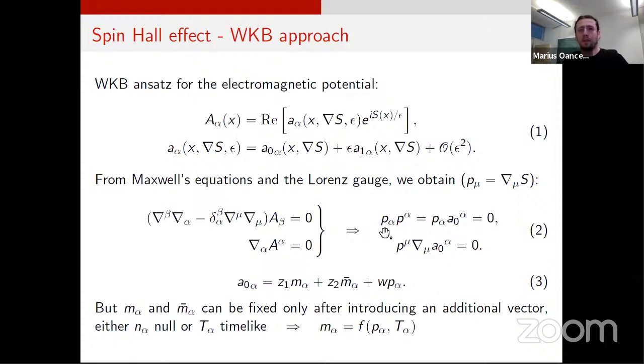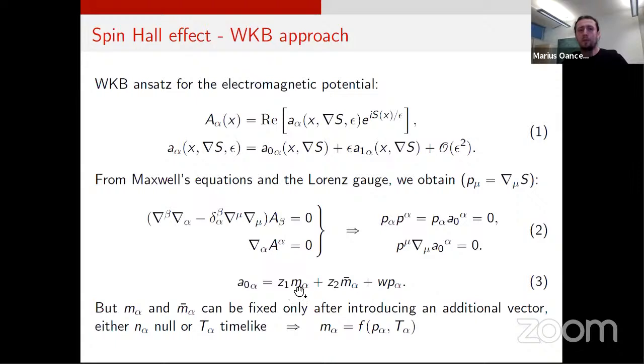So we obtain that the gradient of the phase represented here by P is null, and that P is orthogonal to the polarization vector A0, and also that the polarization vector A0 is parallelly propagated along P. Okay, so based on this orthogonality relation between A and P, it is convenient to rewrite the polarization vector in terms of a null tetrad.